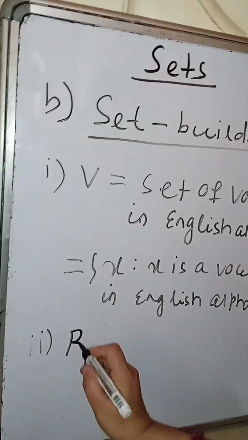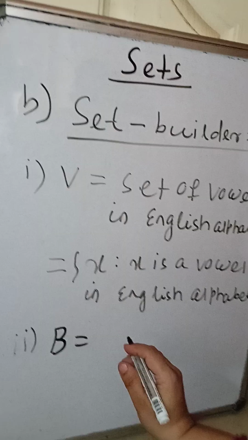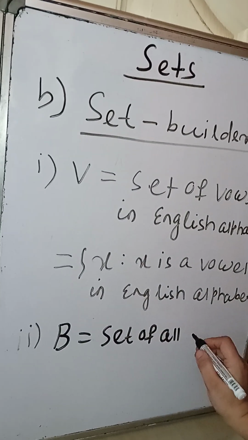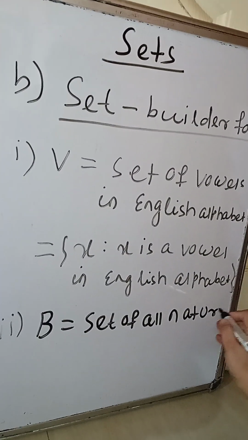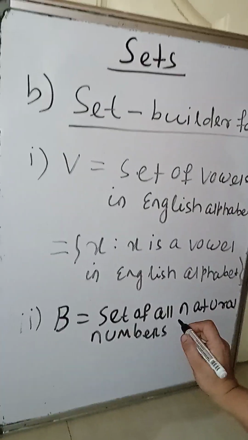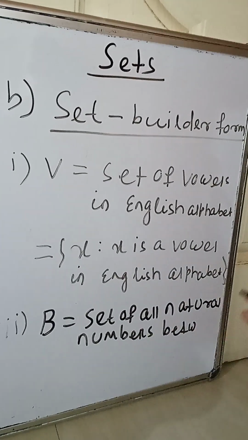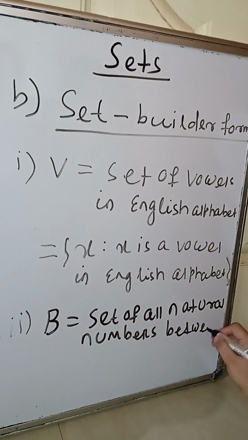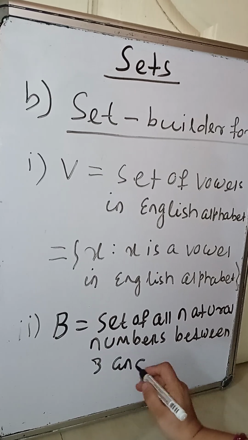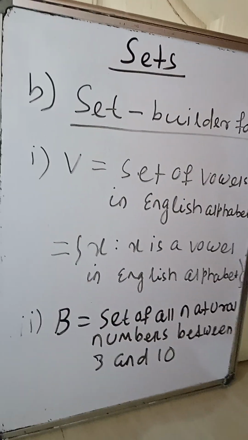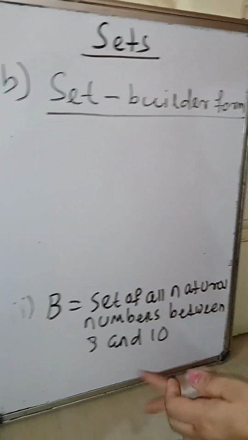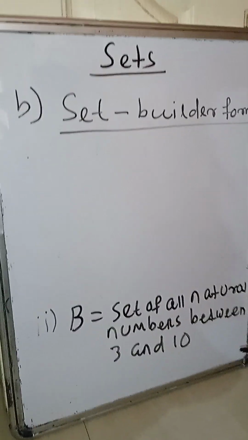Say set B is the set of all natural numbers between 3 and 10. How will we write this in set builder form?